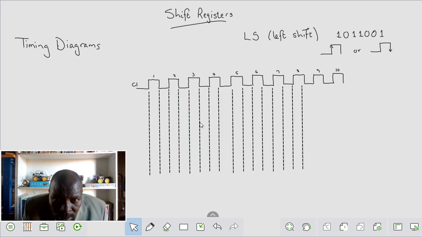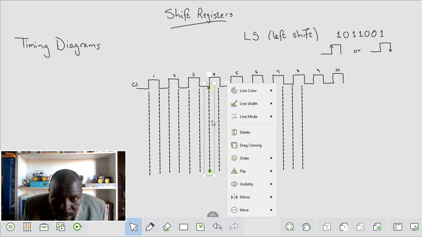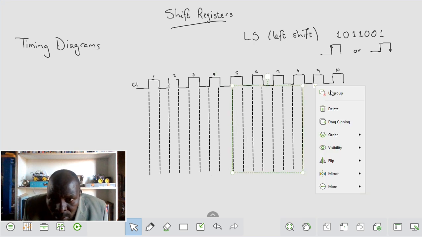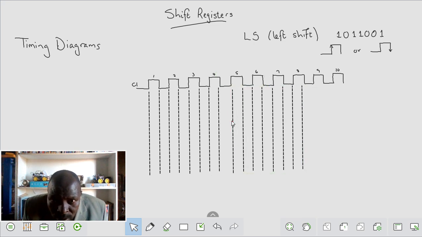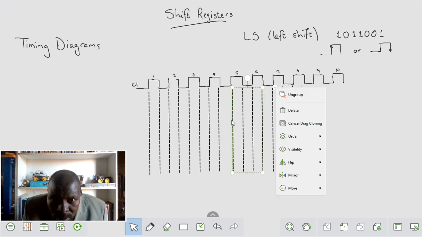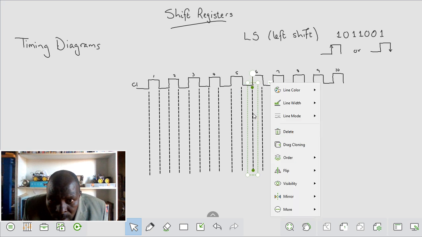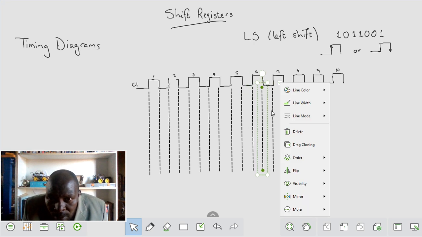Ungroup. Just want to make sure they can move as individuals. Ungroup.